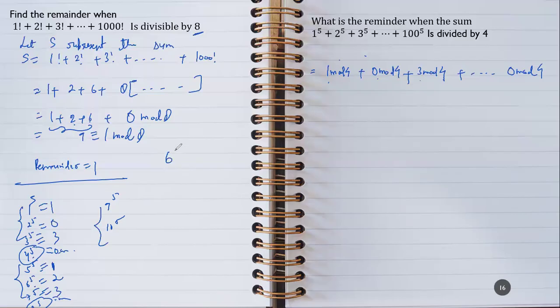So we will get values between 0 and 3. If I add all the values from 1 to 10, I get 1 plus 0 plus 3 plus 0 plus 1, and 6 is congruent to 2 mod 4. 6 to the power 5 is 0 mod 4, since raising the power again will give 0. 7 to the power 5 will give 3, and 8 to the power 5 will give 0. 9 to the power 5 gives 1, and 10 to the power 5 gives 0.